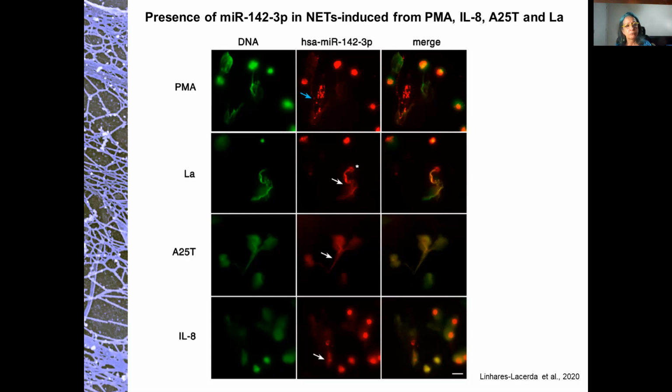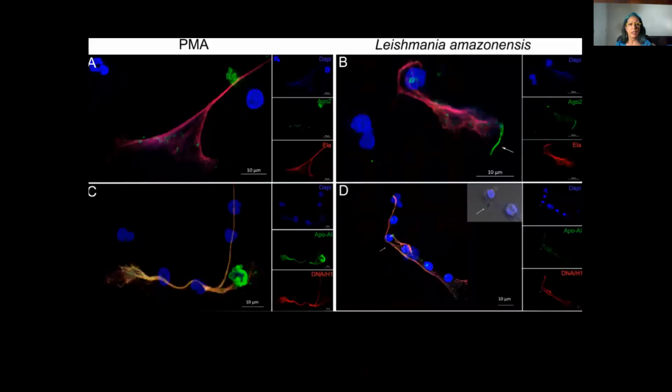But microRNAs could be associated with protein or lipid carriers. So to see if they are associated with proteins and lipid carriers, we stained the NETs obtained by PMA and Leishmania with Argonaute, that is a protein associated with microRNAs in general, and also one lipid, lipoprotein A1.